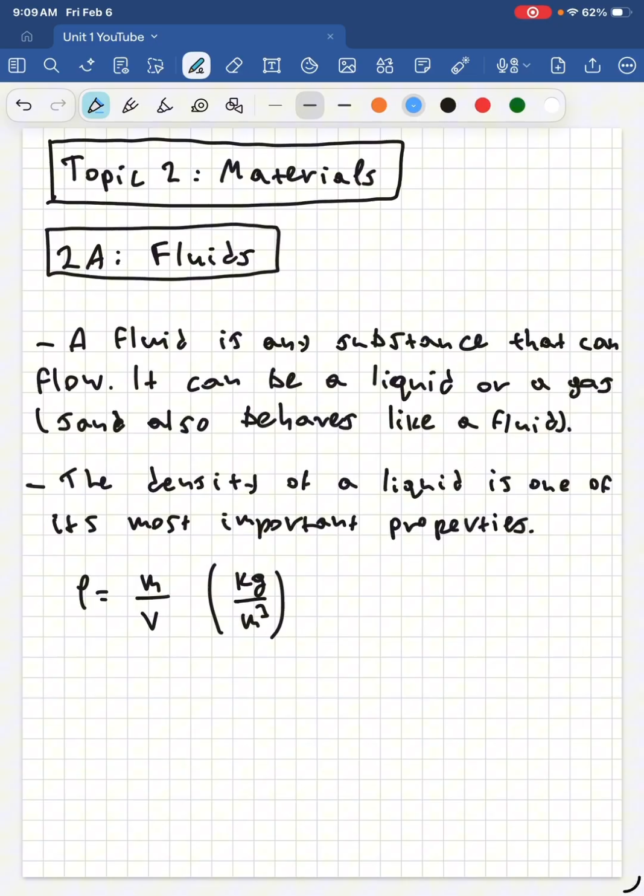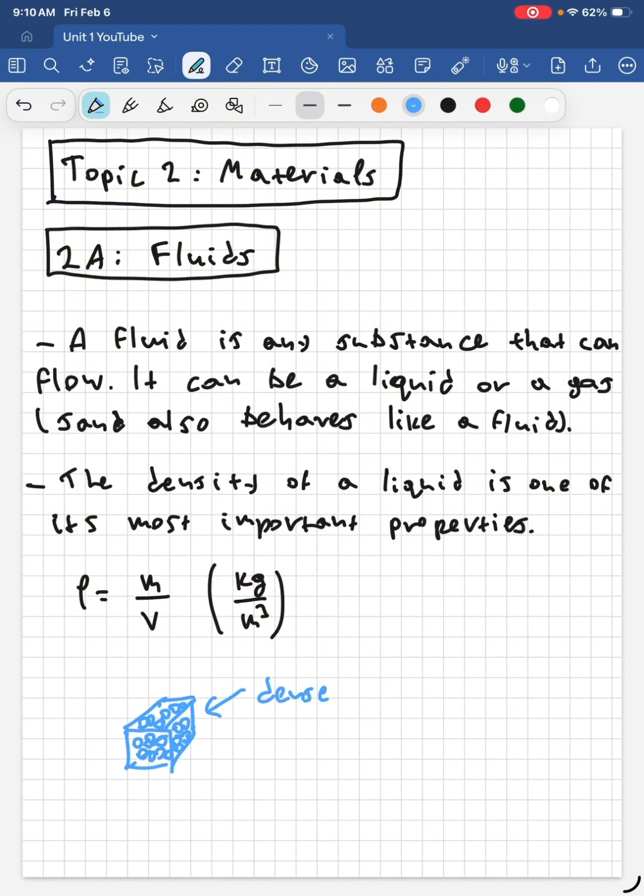If you have, let's use a different color, so let's say that you have a material. It can be a solid material. We now know that solids and all materials consist of atoms and molecules, right? So maybe inside this cube, these little circles represent atoms, say. So this is a dense material.